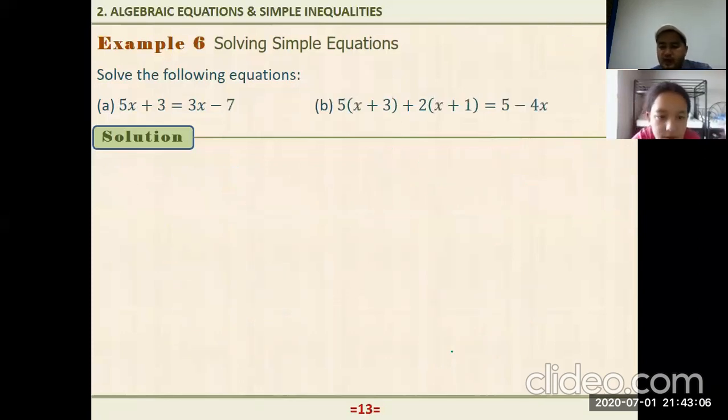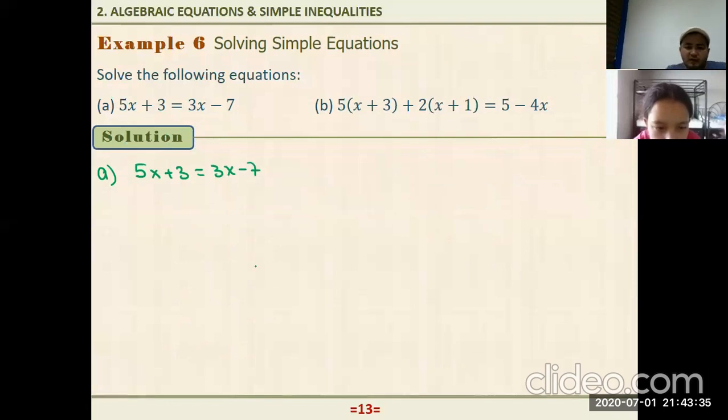All right. Now a little bit more terms. Here on both sides we have x, not only one side. Shahina, actually subtracting or adding something, let me write the equation first. 5x plus 3 equals 3x minus 7, right?